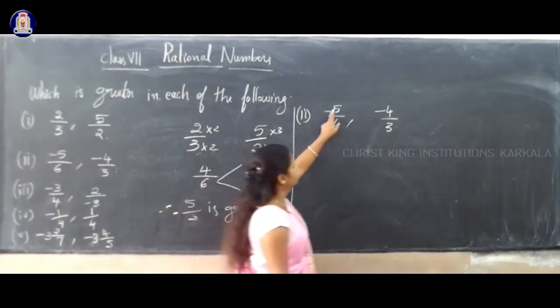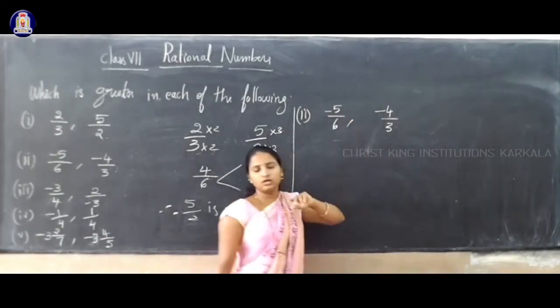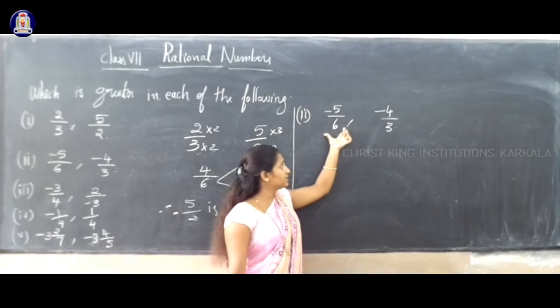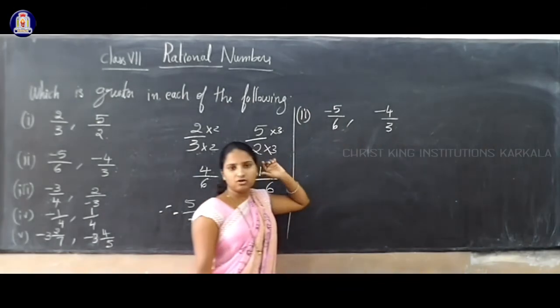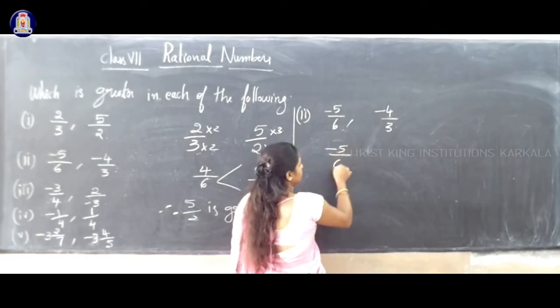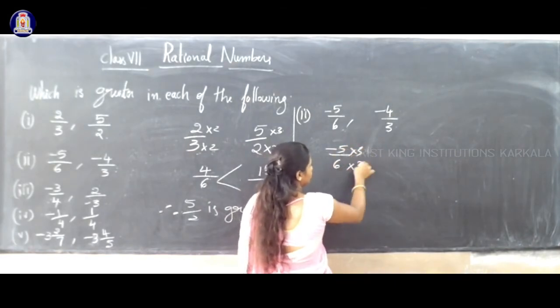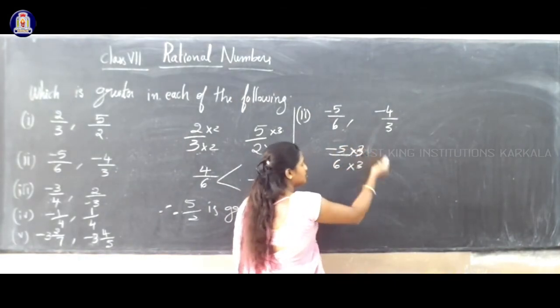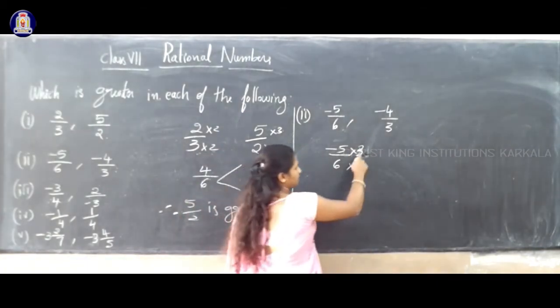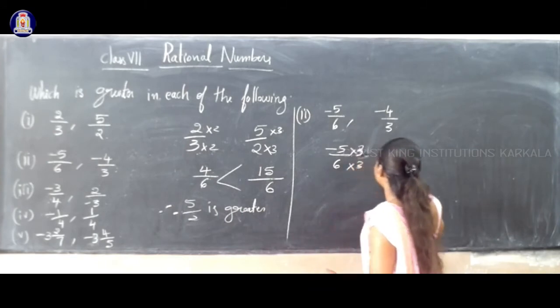See the numerator, minus. Both are negative rational numbers, but we cannot identify which is greater. So now 6 and 3 denominators are different. So just multiply 3 to both numerator and denominator, or else you have to take LCM. So this is the easy method.